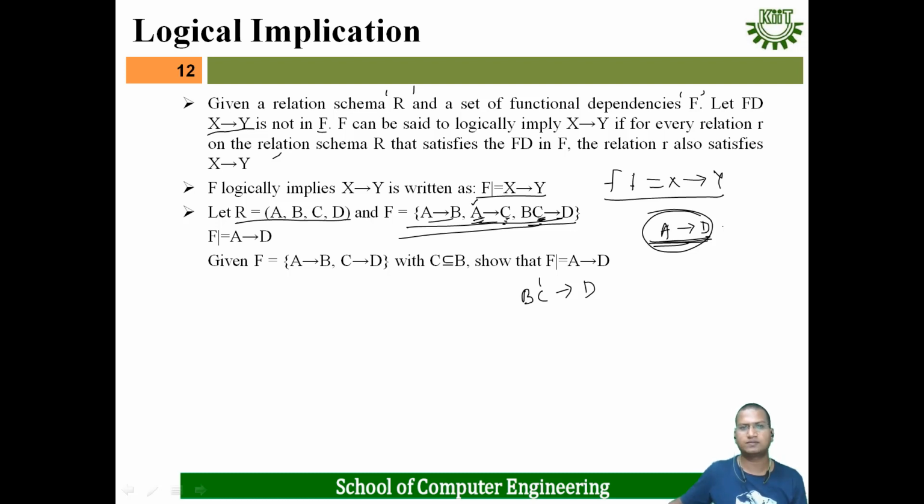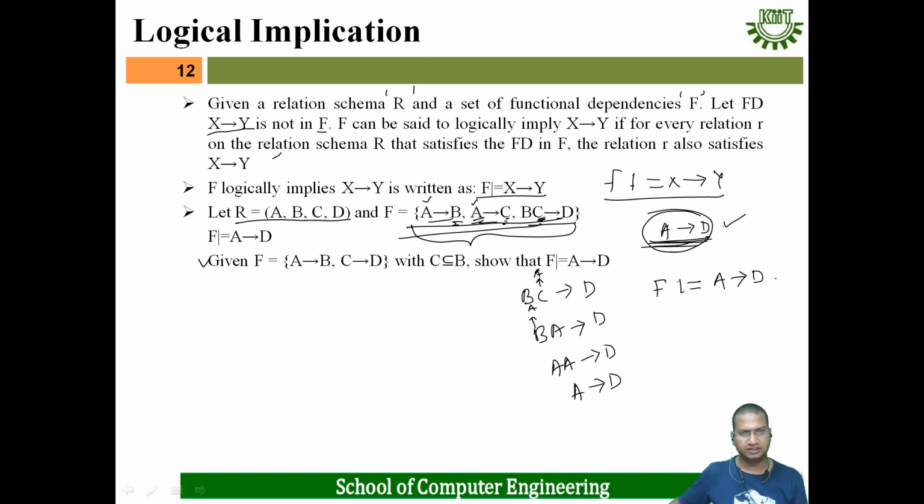That means C can be replaced by A. When I replace C by A, I get BA determining D. Again, B can be replaced by A, so we get AA determining D, and AA is nothing but A, so A determining D. That means from this functional dependency set we can logically infer this functional dependency. Then we can say that F logically implies A functionally determining D.